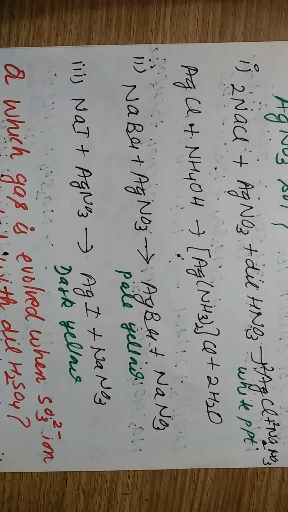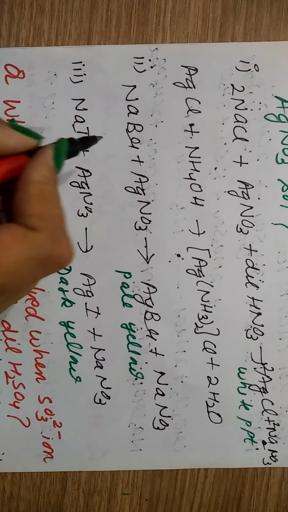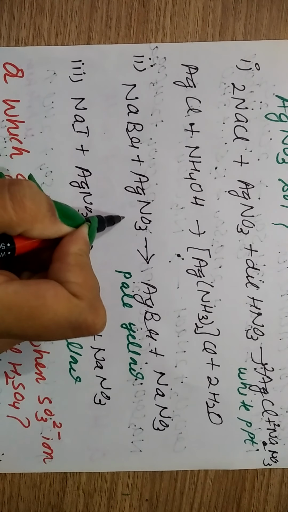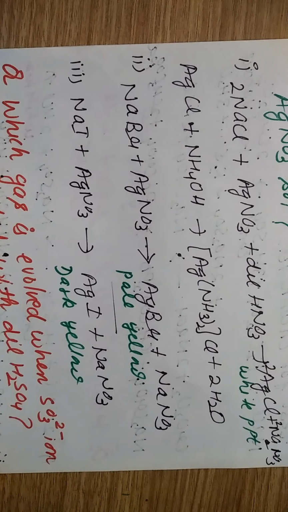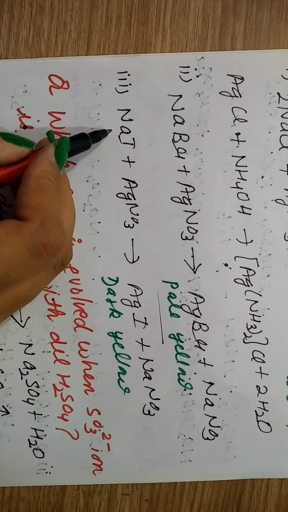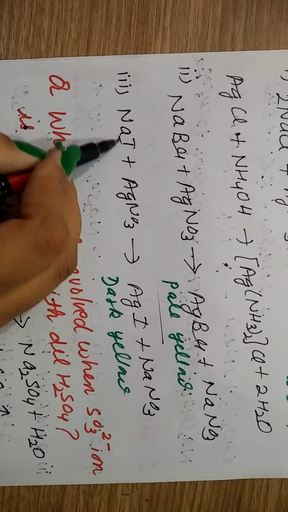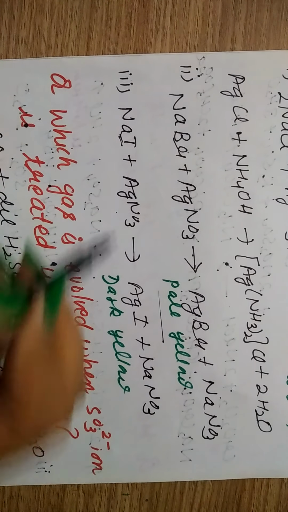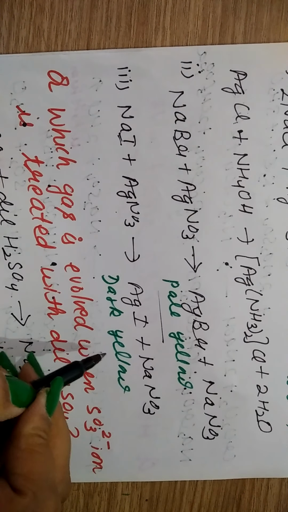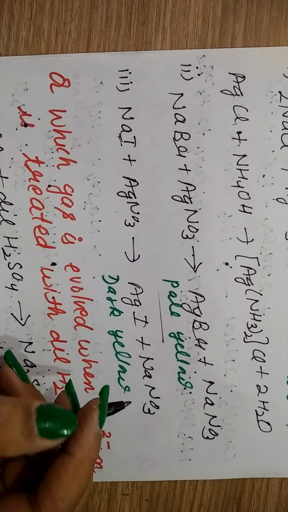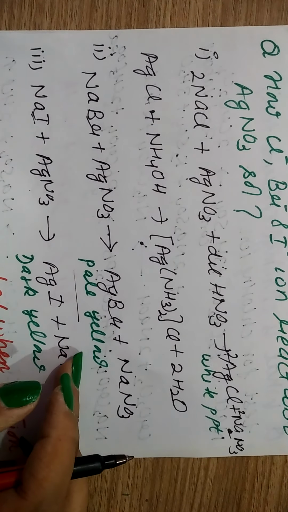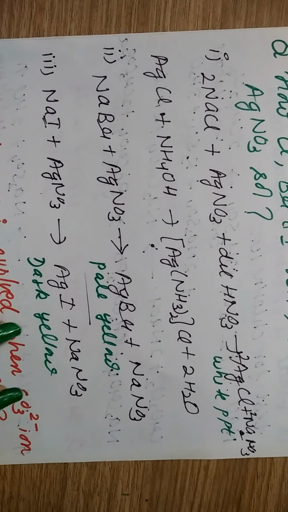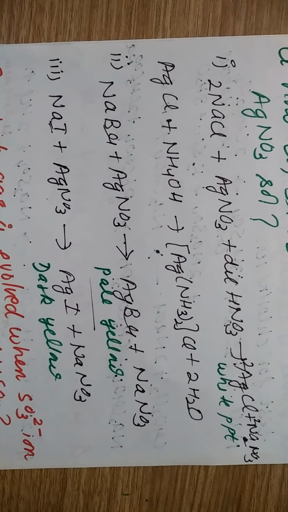If any solution having bromide anion is treated with silver nitrate solution, it will give us a pale yellow PPT. And if any compound having iodide ion is treated with silver nitrate, it will give us a dark yellow PPT. So there is a difference in color of PPTs: chloride gives a white PPT, bromide a pale yellow PPT, and iodide a dark yellow PPT.